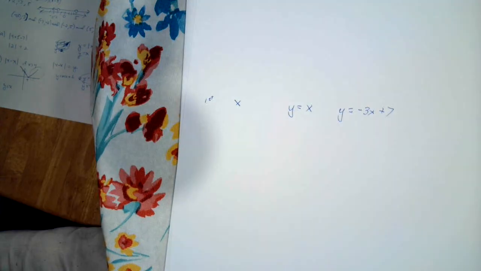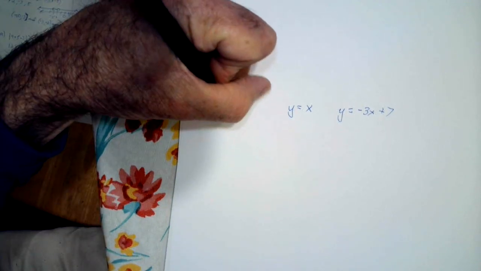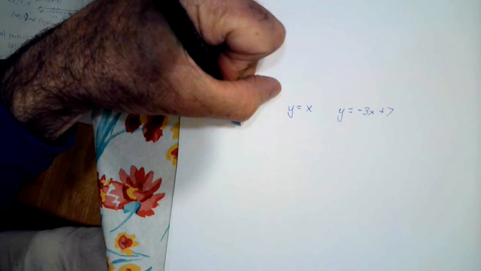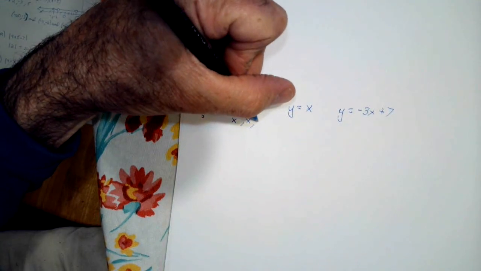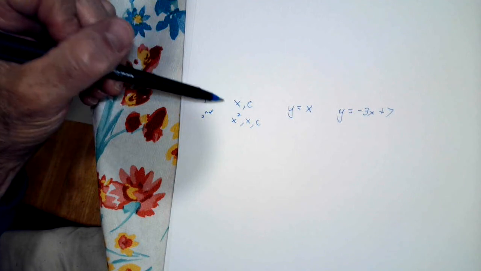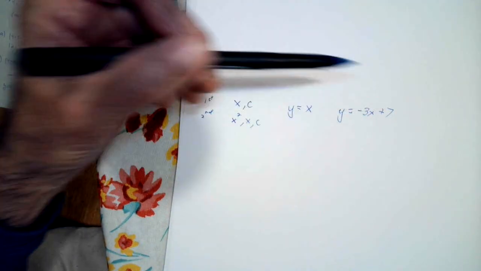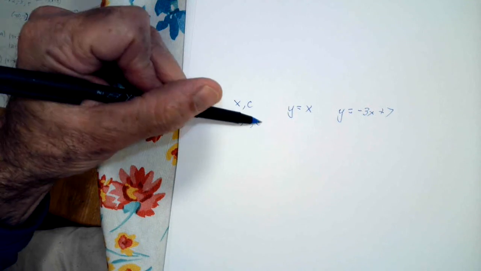Those are all lines. First degree polynomials are lines. Second degree polynomials is anything with an x squared. And you could have an x, and you could also have a number. And I'm going to say here, c represents a number. So you have an x and a number. This case doesn't have one. This case it does. X squareds and x's and numbers.